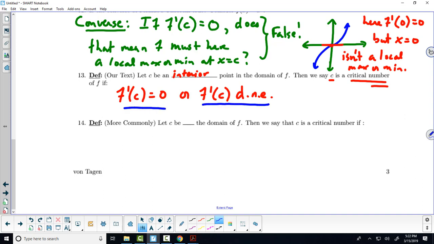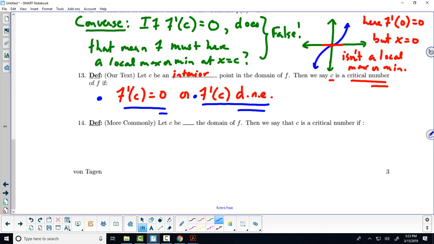Okay? Now, this whole course I've been harping on the idea that when an expression is 0, that does not mean it does not exist. Those are two completely different ideas. But here, if either one of those happens, then we're going to go ahead and say that we've got a critical number. So we have two separate cases that we must consider: where the derivative is 0 or where the derivative doesn't exist.